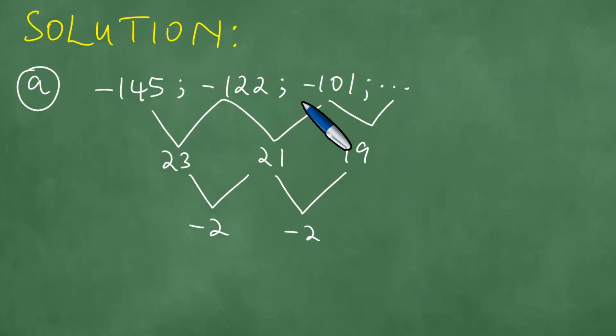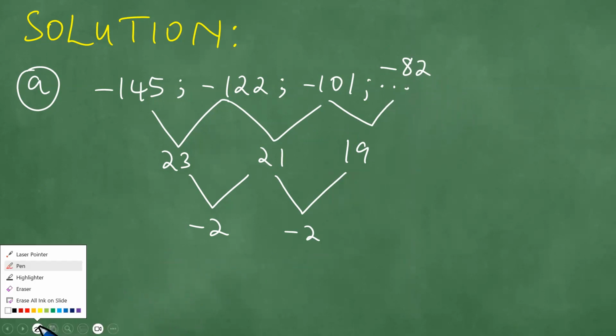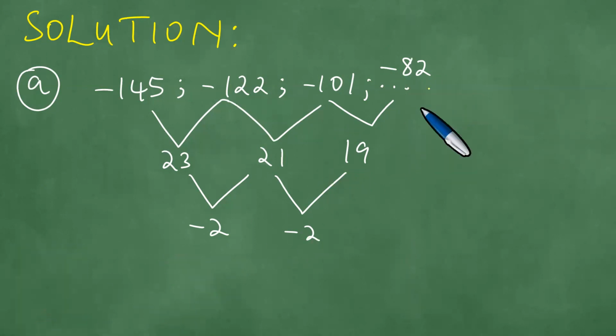So you have 19 minus 101, which is minus 82. This means that we needed the fourth term, and now this is exactly the fourth term. So the fourth term is minus 82. Okay, so we're done with that one.